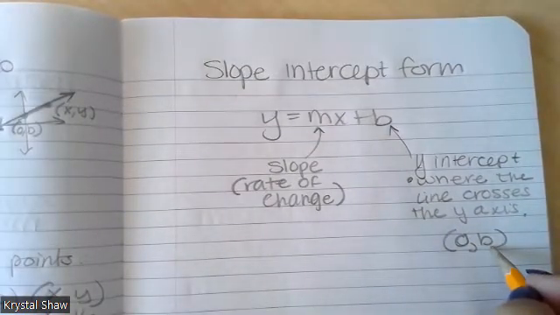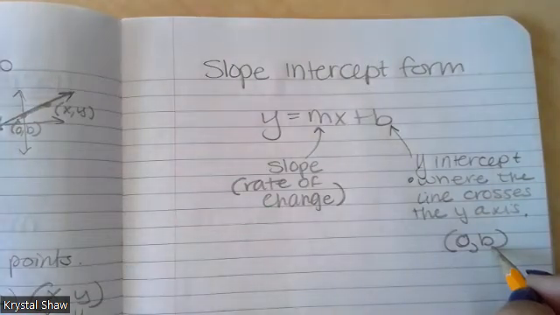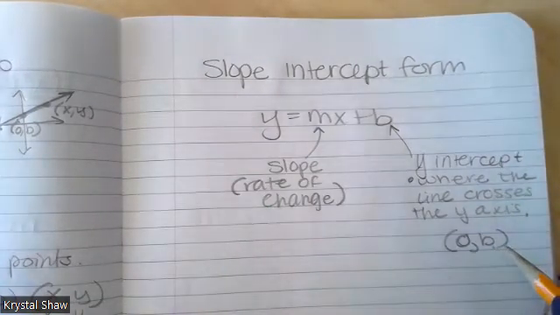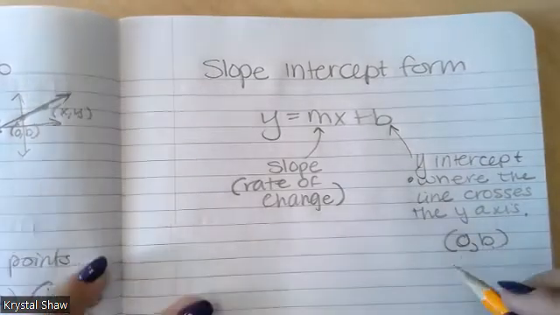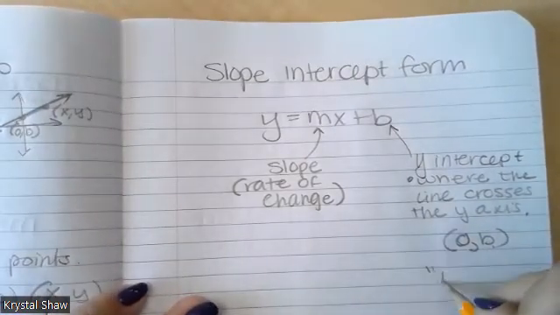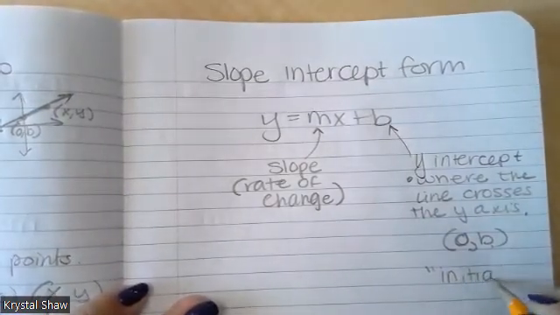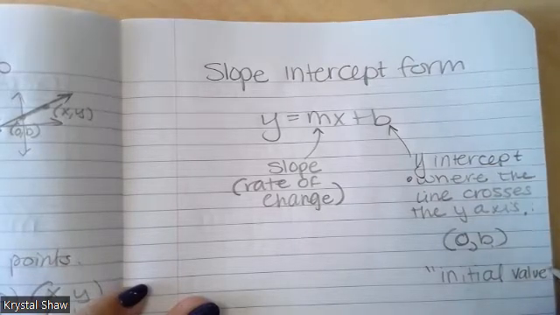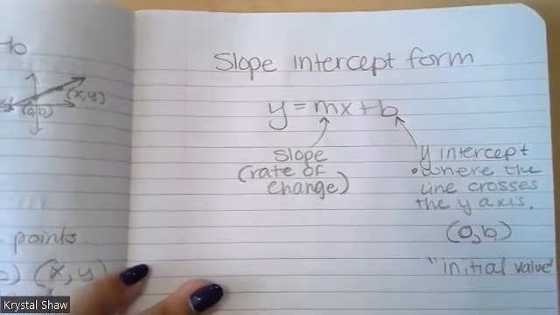B would be substituted with whatever number the line is touching on my y-axis. We also refer to this as the initial value. Okay, any of those things.